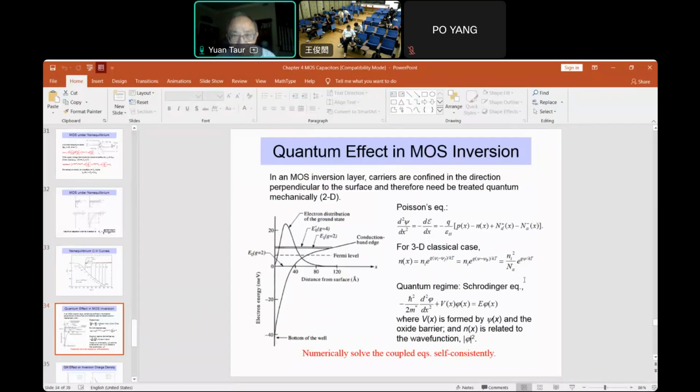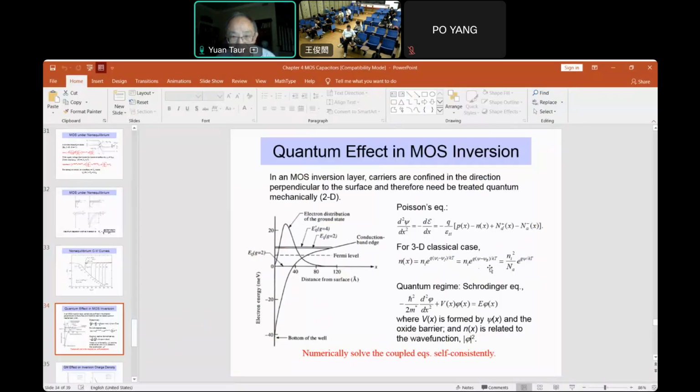So let's consider what's the quantum effect on the MOS characteristics. So far, we only used Poisson equation to discuss MOS, and we used the electron density given by the density of states without consideration of quantum effect.